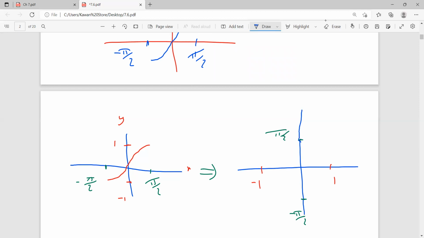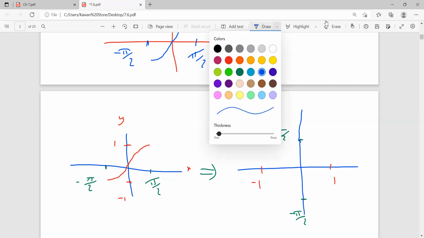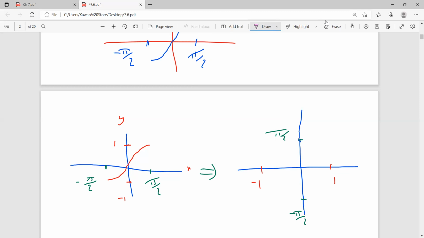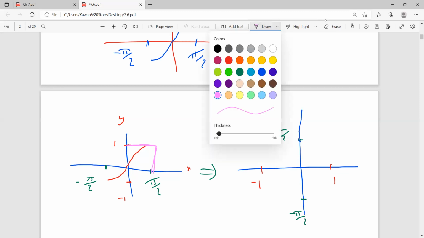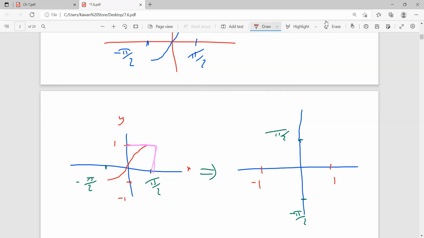For example, in the first quadrant, I can see my function start from here to there. Understood? Okay. The curve is concave up to pi over 2. So I'm going to start from here. My graph should be concave up to pi over 2.